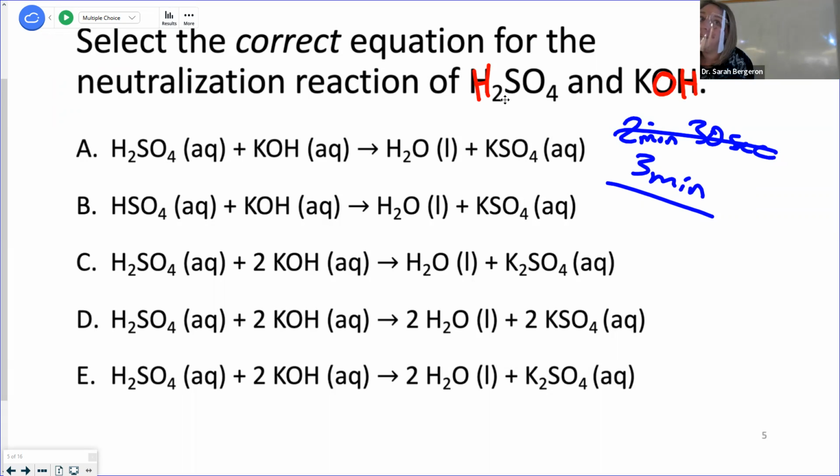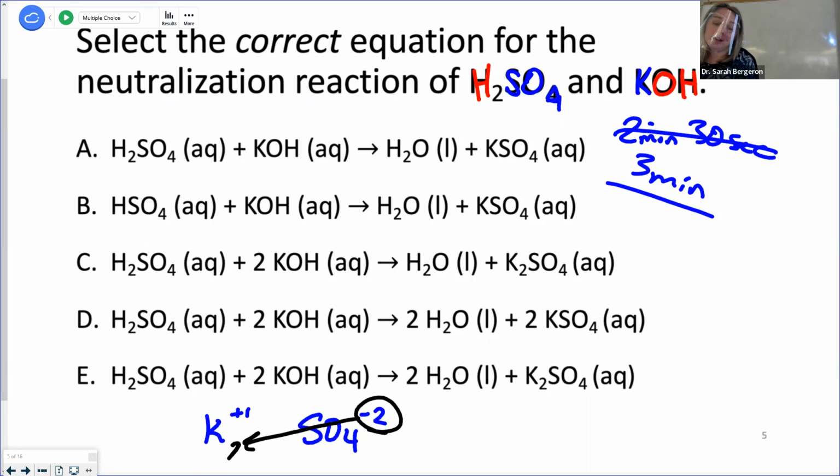You would have had to balance this equation. So what do you get that's left? You have a metal and a polyatomic ion, right? If you have K, what's the charge on K? +1. My SO4, what's my charge? -2. I had to be very careful because that would give me a 2 here and a 1 here.